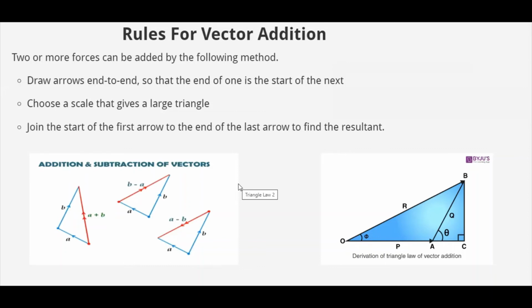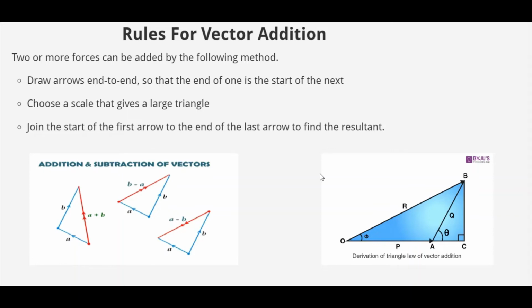So, rules for vector addition. Two or more forces can be added by the following method. Draw arrows end to end, so that the end of one is the start of the next. Choose a scale that gives a large triangle. Also, join the start of the first arrow to the end of the last arrow to find the resultant.